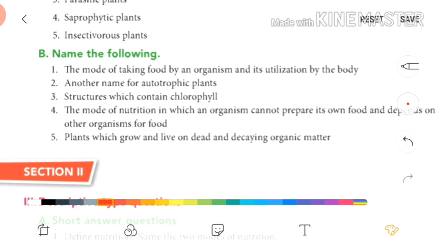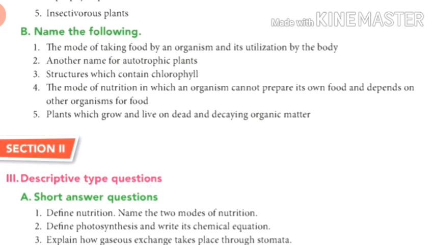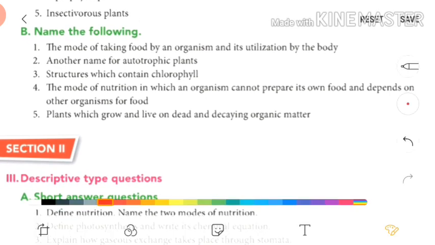Now third one, structures which contain chlorophyll. So this structure is called chloroplasts. Now fourth one, the mode of nutrition in which an organism cannot prepare its own food and depends on other organisms for food.